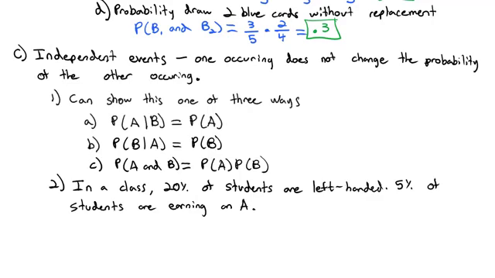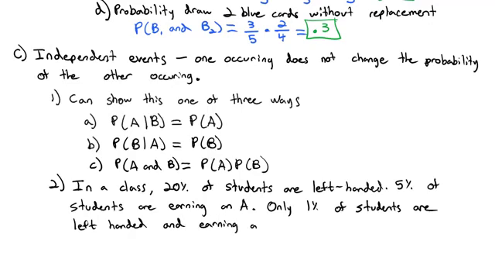Good job to those 5%. But only 1% of students are left-handed and earning an A. Are these events independent? Is there a relationship between left-handedness and earning an A?